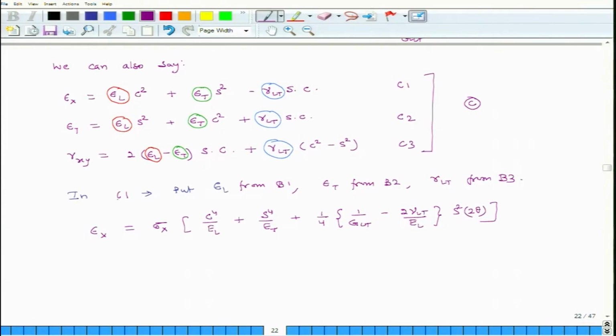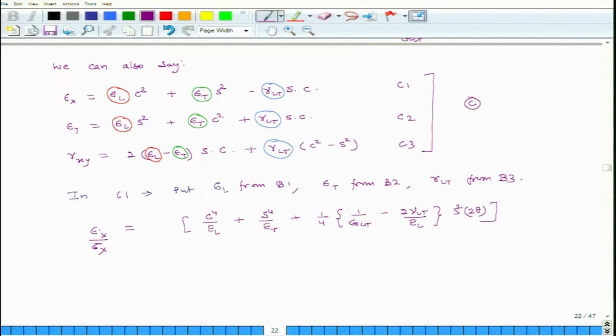So, this is from C1. From C2, before we do C2, what we do is we just divide both sides by sigma x. So, sigma x goes away from here, and here I get epsilon x by sigma x. And what is epsilon x by sigma x?